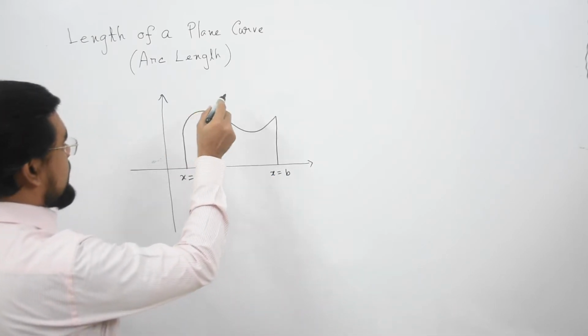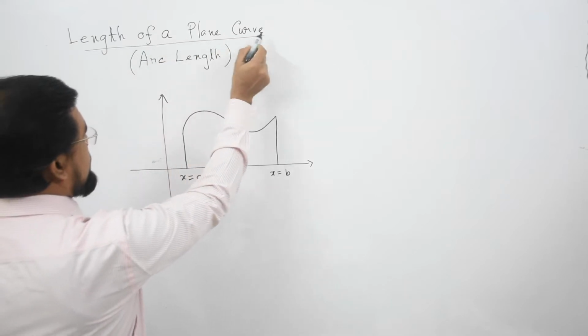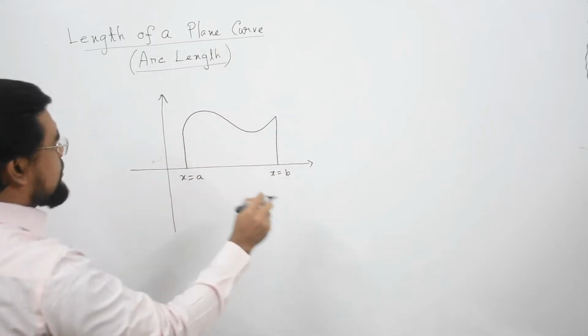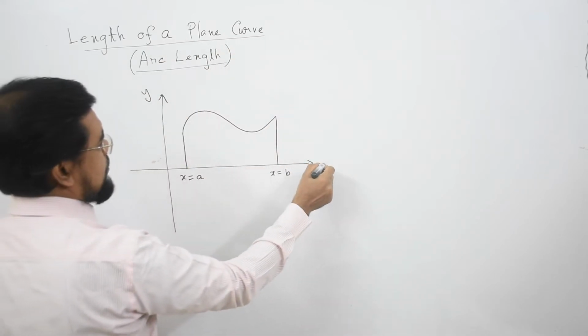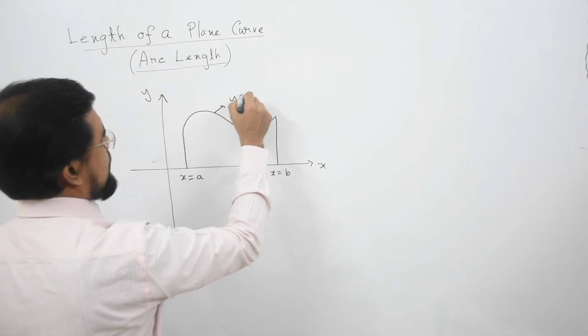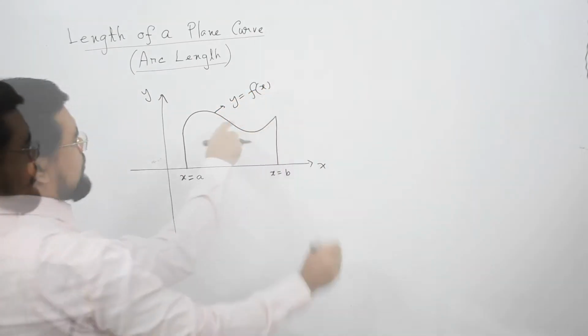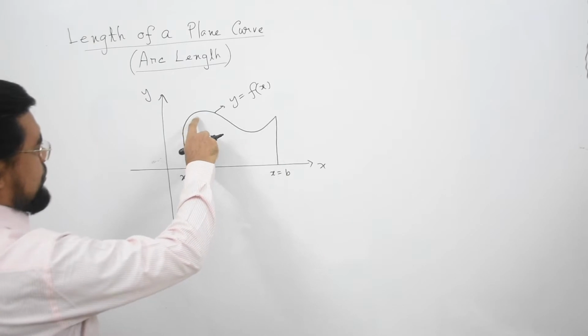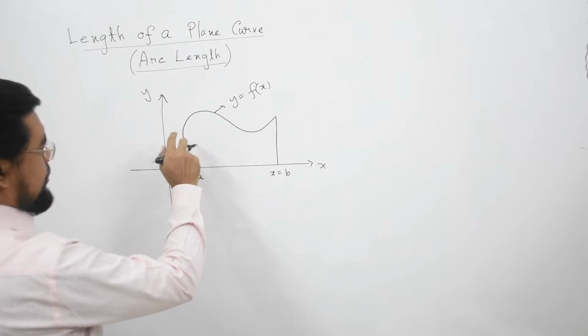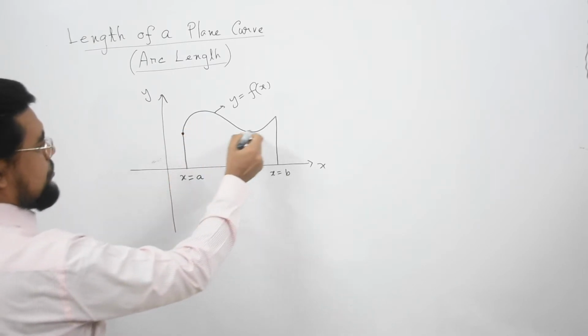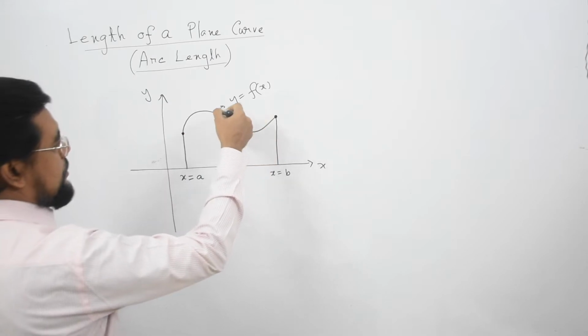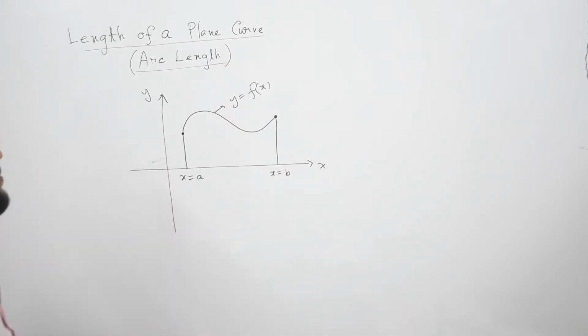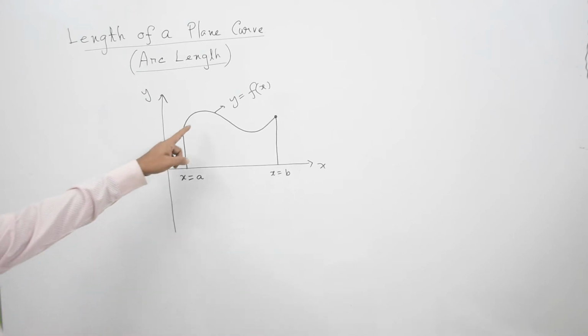So the arc length of a plane curve is the length of this curve along this line, from one end to another end. So the question is, how can we calculate arc length of a plane curve like this?